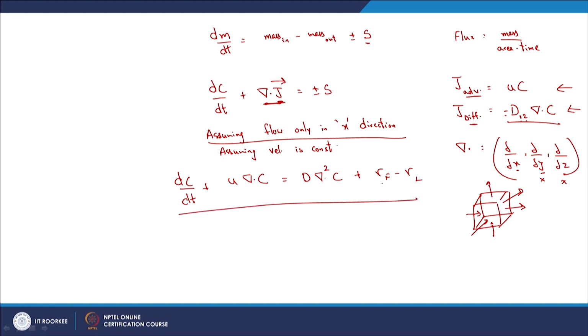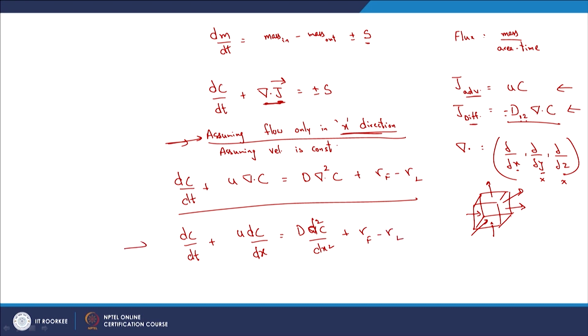So I will simplify this further according to what I have here. So dC by dt plus u dC by dx, because I am assuming that flow is only in the x direction, similar to the groundwater flow or groundwater condition, and then the diffusion coefficient or the dispersion coefficient, right, times the second derivative, plus rate of formation minus rate of loss, right.